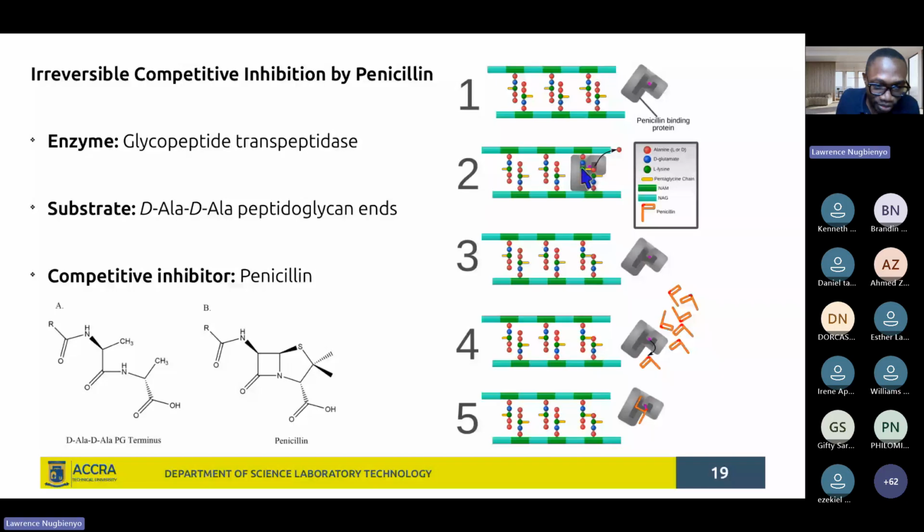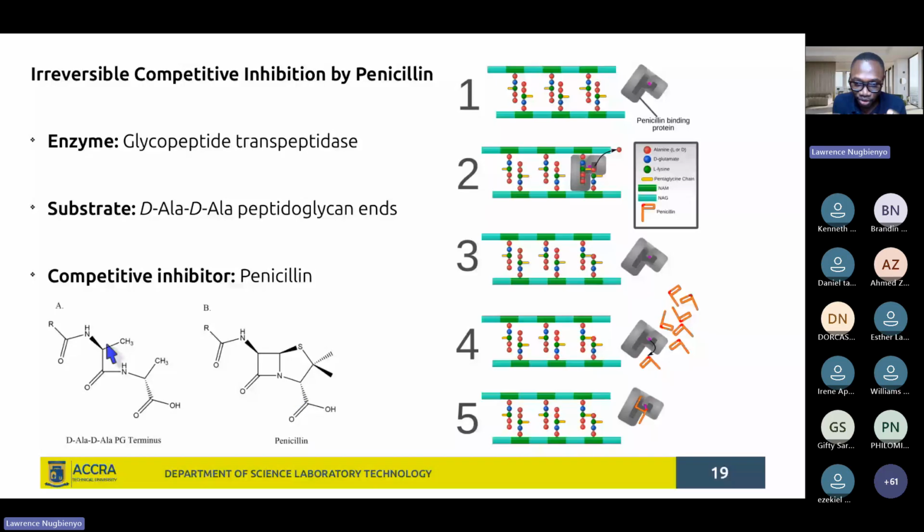So you see the structure of the D-alanine ends is what we are showing here, the kind of bond, like lysine, looks very much like penicillin, except that when penicillin is introduced into the system, first it is inactive in this form because you can see that it forms a ring structure.